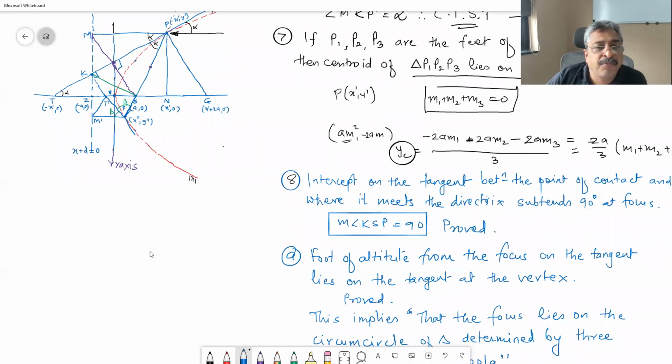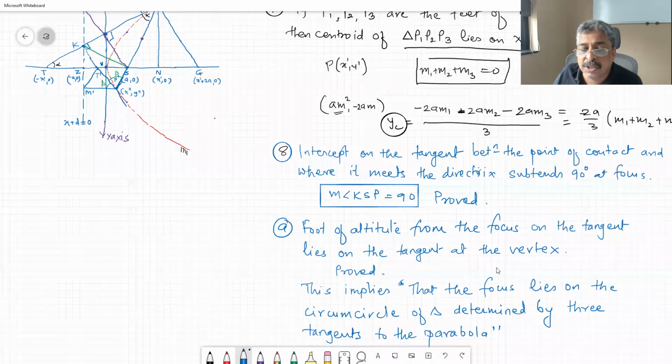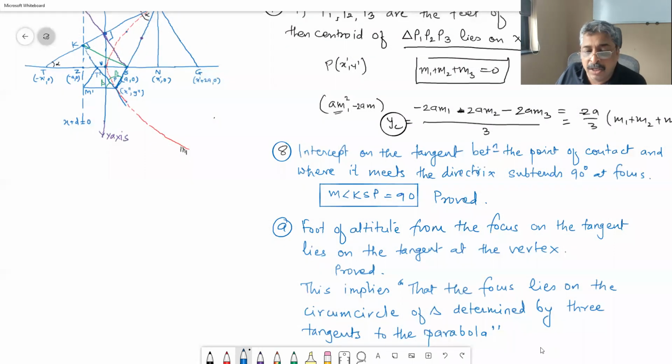Foot of perpendicular on any tangent from focus lies on tangent at vertex, and this implies that the focus lies on the circumcircle of triangle determined by the three tangents to parabola. You draw any three tangents from anywhere, you will get a triangle, and if you draw a circumcircle of that triangle, then focus will lie on that. Interesting.